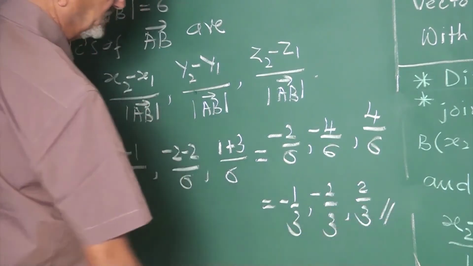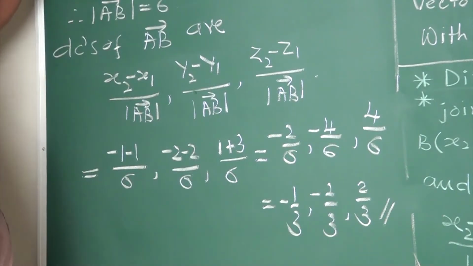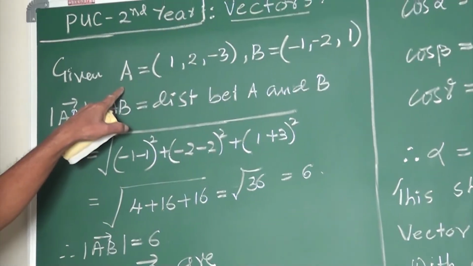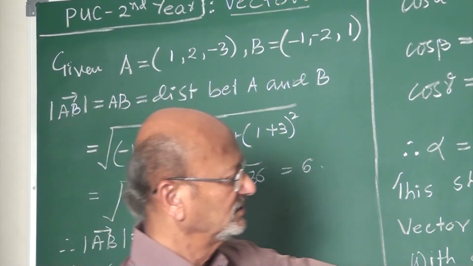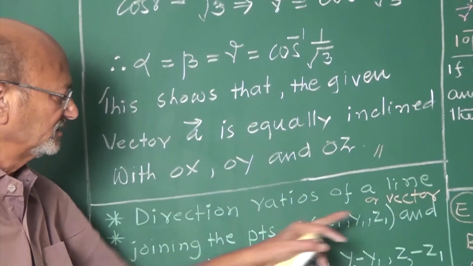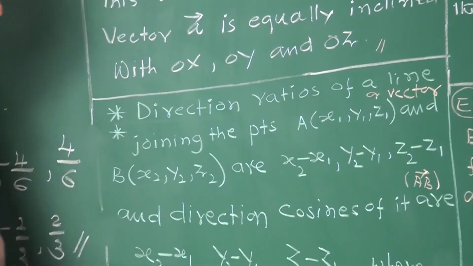These are direction cosines of the vector or line joining the points A and B.